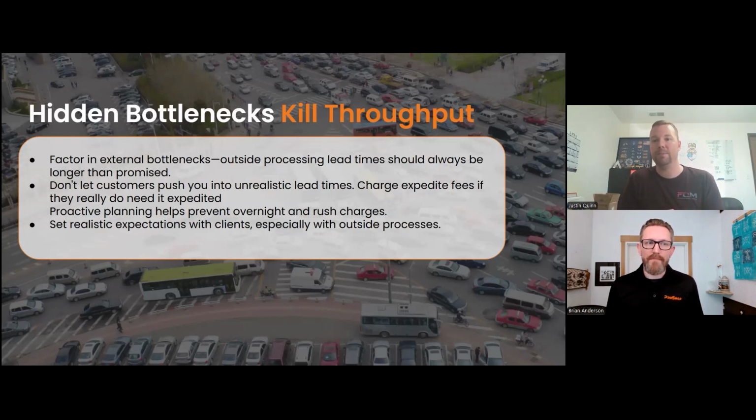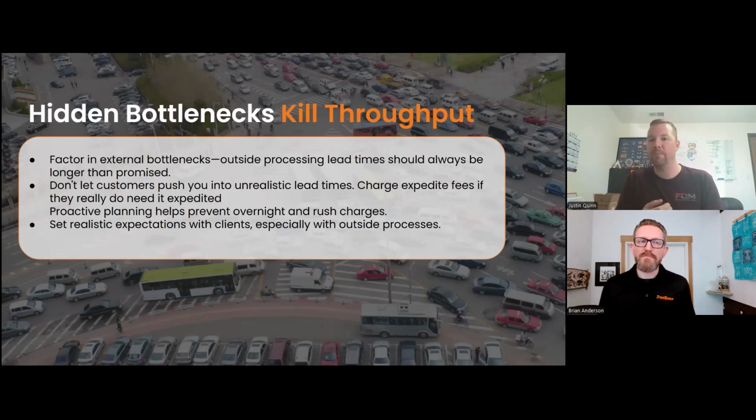Sounds crazy, but they're quoting us 12 days in-house, and then when you factor in 5 to 7 days shipping back and forth, you're really close to that 20-day mark. And by having a couple extra days cushion, that just gives you a little bit more time in case UPS doesn't pick up the package the day they say they will, right?